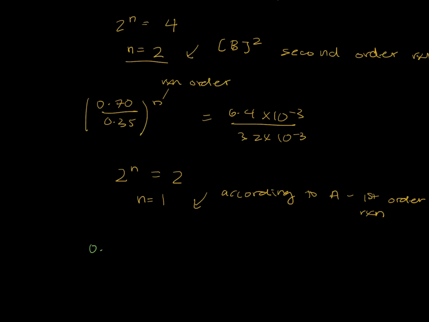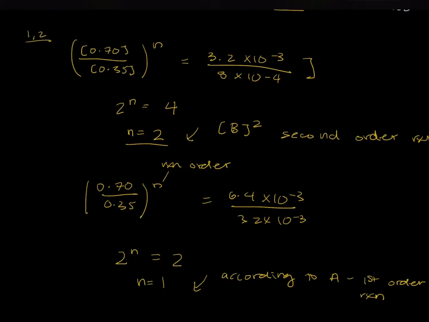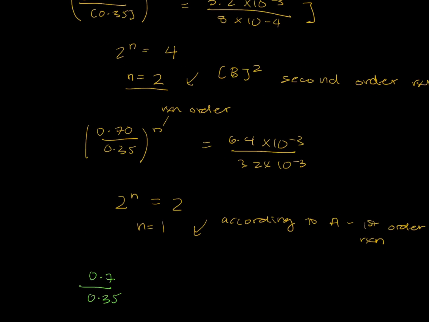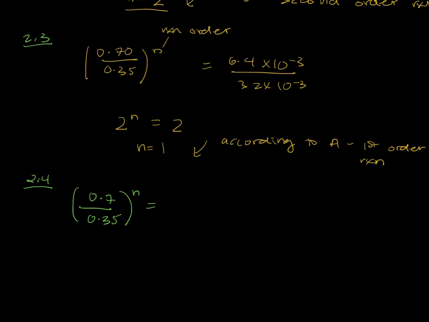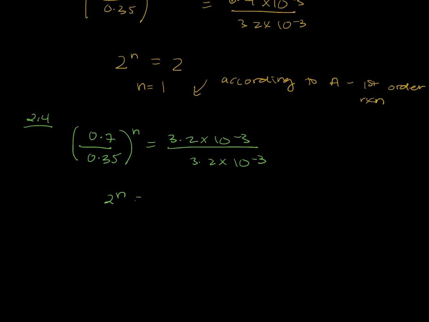Okay, so we know that it's 0.7 divided by 0.35. Sorry, I want to make this clear. This is 2 and 3 that we're comparing, and this is 2 and 4 that we're comparing. So we'll get 0.7 divided by 0.35 to the n power is the same values over each other. So we end up with 2 to the n equals 1.